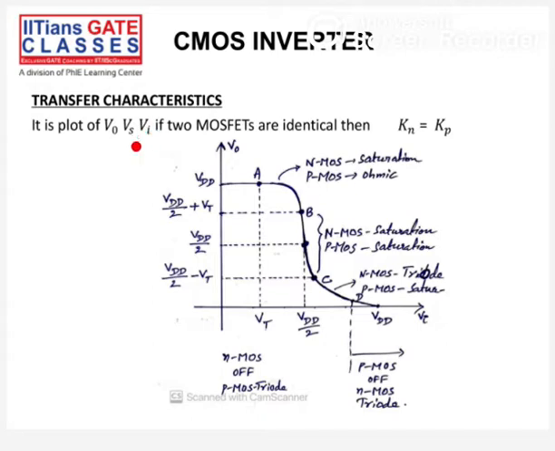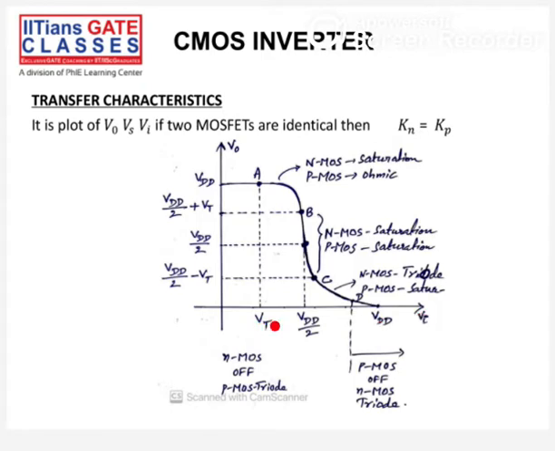Means Vi we applied, Vo is the output voltage. So the graph between these two will be characterized as transfer characteristic. If these two MOSFETs are identical, in that case Kn will be equal to Kp. That we already know, and remaining things we'll understand from this graph how it is changing.